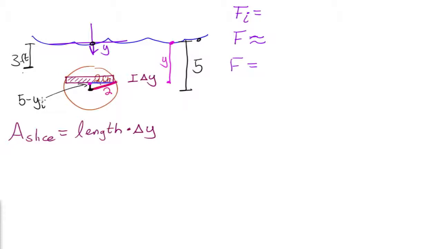So that means the little chunk that we're looking for, this blue part, is the square root of 4, the hypotenuse 2 squared, minus (5 minus y sub i) squared.